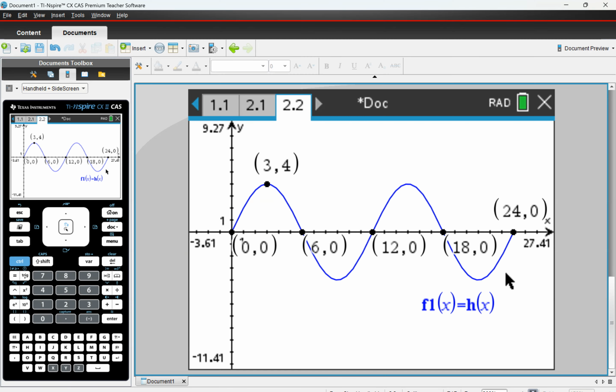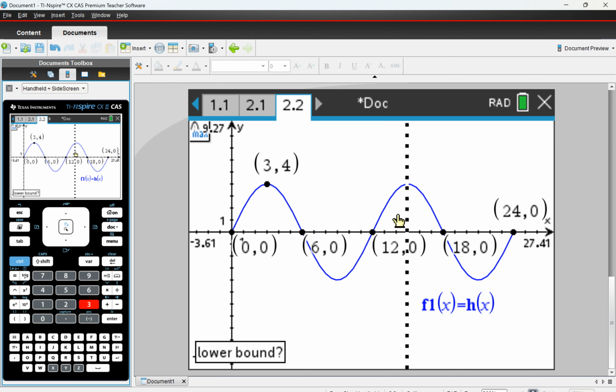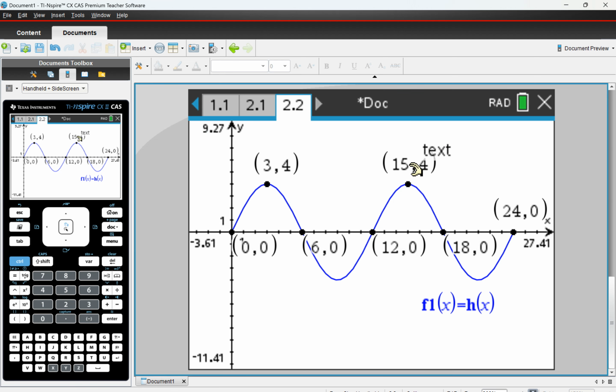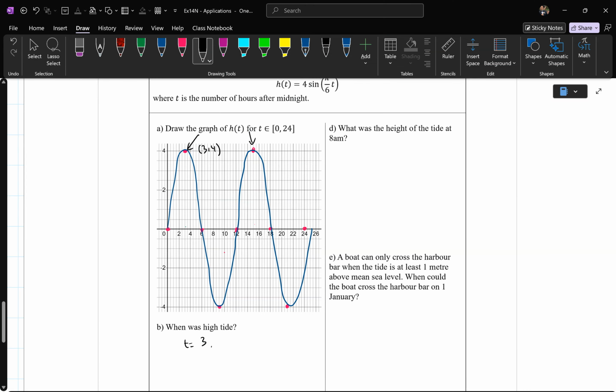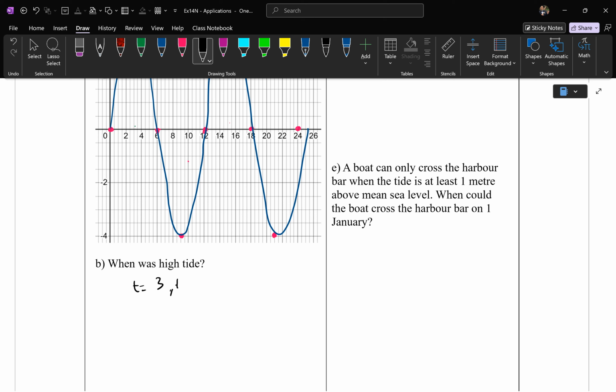The other one is, go menu, 6, maximum, left of it, right of it, you get 15, 4. If the question asked for what times, then you would have said 3 a.m. and 3 p.m. In this case, it just says when was high tide. I'd probably still say when t equals 3 and 15. Therefore, 3 a.m. and 3 p.m.